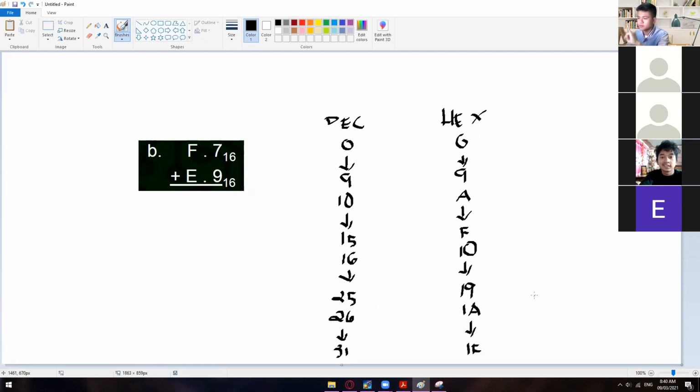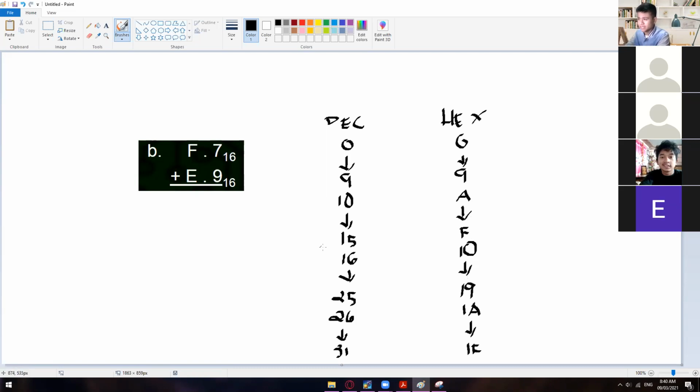So 26 to 31. Just to differentiate the A right here. So of course, the next one will become 2A, the next one will become 3A, 4A, 5A, and so on and so forth.